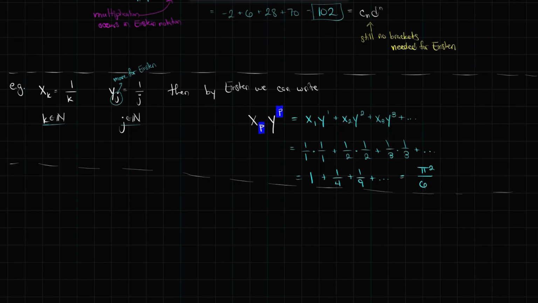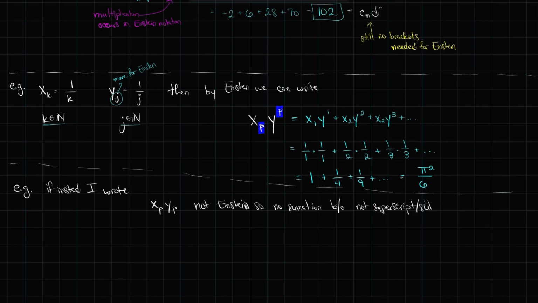I'll write an example where Einstein does not work. So if I wrote x sub p y sub p, this is not Einstein. So no summation, because not superscript, subscript.